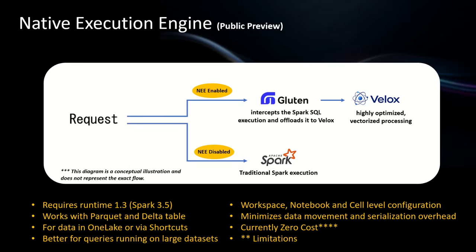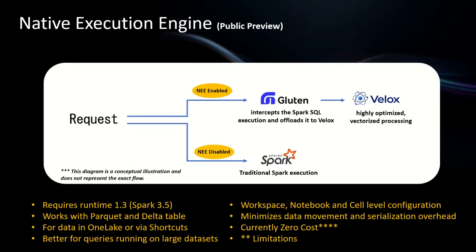How do we really check whether your code has gone through this native execution engine or not? Let's say you have code and you execute it in an environment where native execution engine is enabled. How do you know whether it goes through the native execution engine or through standard traditional Spark execution?